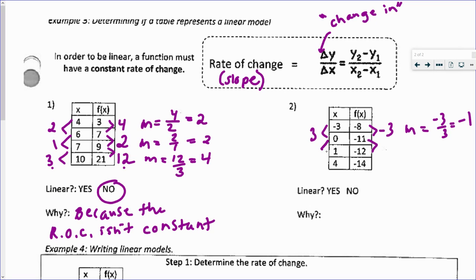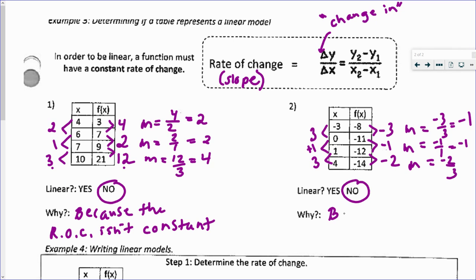-11 to -12 goes down by 1, goes up by 1 for the x. So the rate of change is -1 over 1, which is -1. And then from -12 to -14, I went down by 2, x went up by 3. So at first it was linear, but at the end it changed to -2/3.